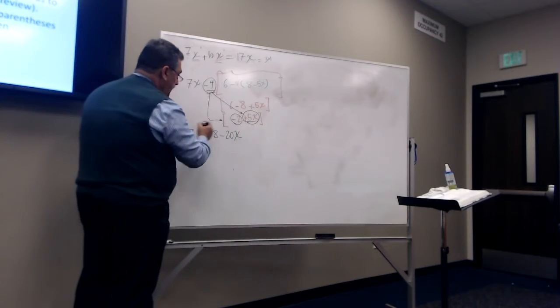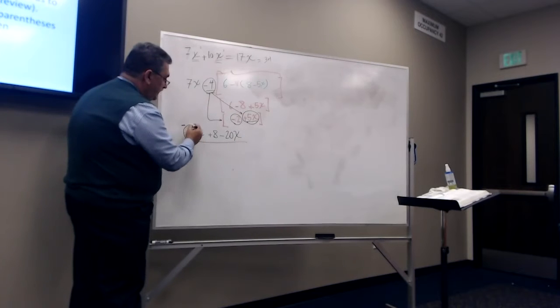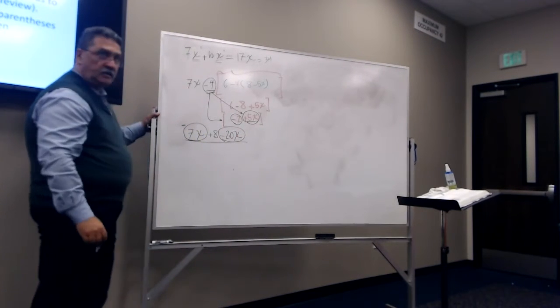So this is what we get. What can I do here? I have 7x and minus 20x.